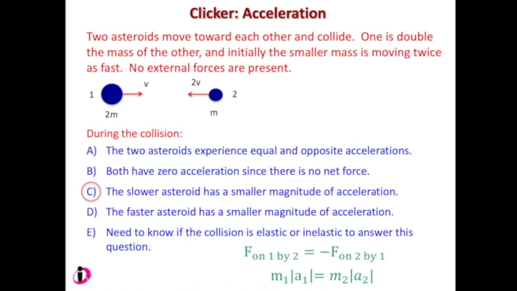Okay? B, both have zero acceleration since there is no net force. Again, kind of grasping at some ideas here, but it's putting them together in an incorrect way. Correct, there is no net force, but the net force refers to the net force on the system as a whole.